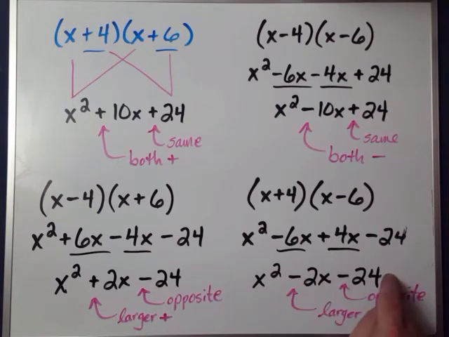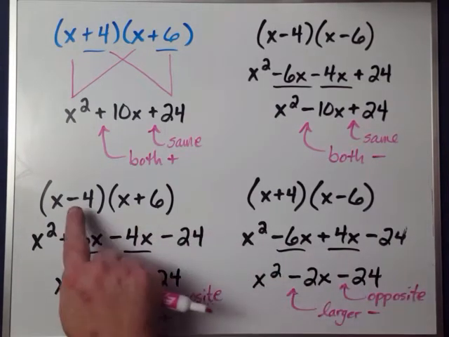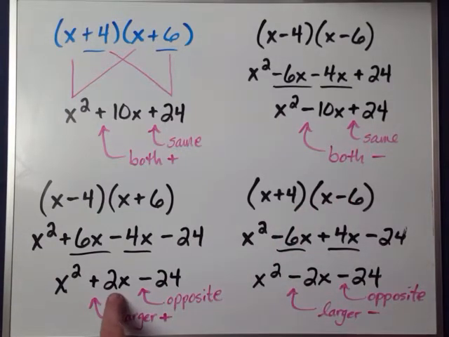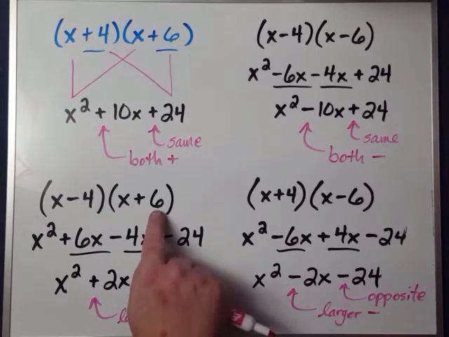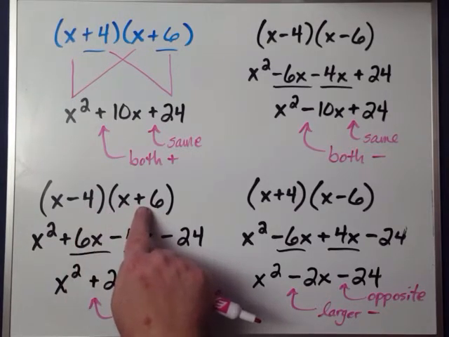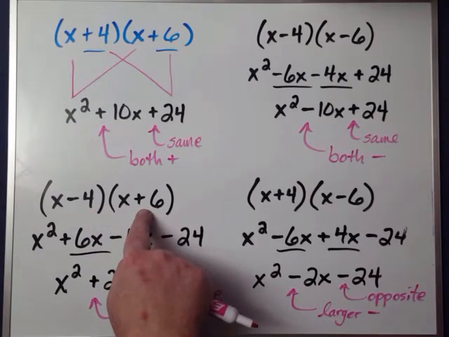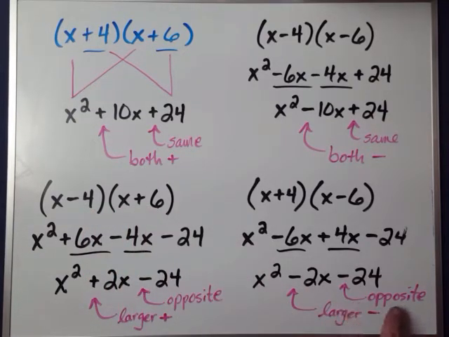If this term at the end is negative, then I know that in my factored form, my signs must have been opposites. If my middle term is positive, then the larger of the two numbers I'm after must go with the plus sign. 6 is bigger than 4. The 6 has to go with the plus sign. And knowing that the last number is negative, these have to be opposite in sign, and this time, in fact, the larger has to be negative.